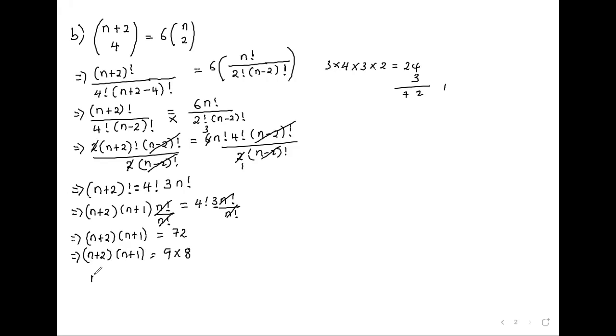This means that n plus 2 is equal to 9, so that n is equal to 9 minus 2. So n is equal to 7. Even if you pick this one, do the same thing. You said n plus 1 is equal to 8. It will be n is equal to 8 minus 1, which is 7.